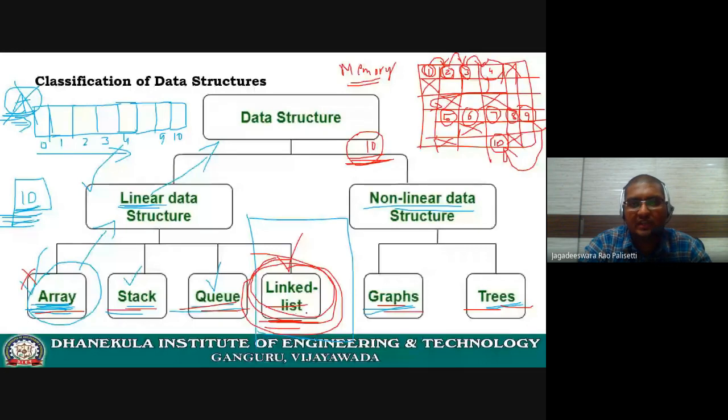Queues, linked list, graphs and trees are units. So stacks, queues, linked list are linear data structures. Graphs and trees are non-linear data structures. Sometimes the linked list can be considered as both linear as well as non-linear. So this is the introduction about what a data structure is and how data structures are classified.